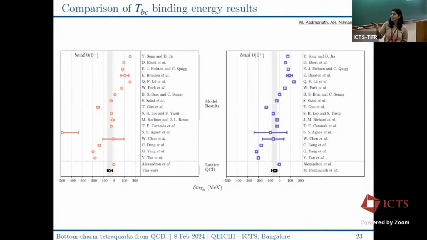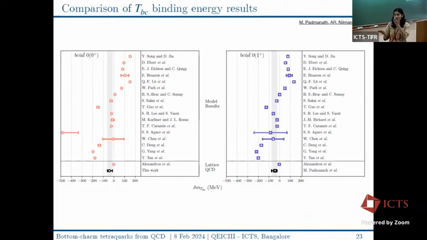And then the last two are our work for the TCC, and another lattice work which came out recently, which also finds a bound state in both the scalar and axial vector channels. So we see that the lattice QCD results are slowly converging to the result that there is a bound state. But models currently, some of them predict that there's a bound state, some of them predict that there is no bound state.